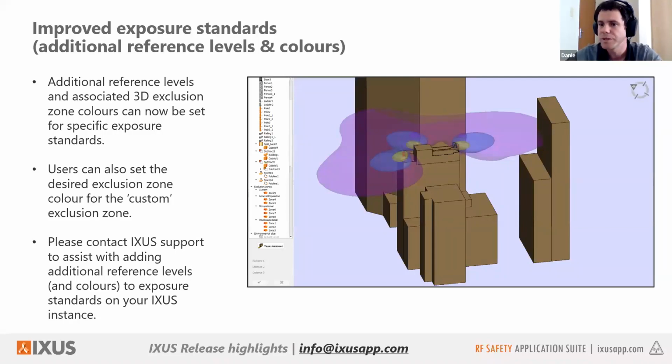You can now have additional ones like the 10x occupational, and the specific colors associated with each of those levels can also be customized. Together with this, we also added the option to change the custom exclusion zone color, so that if there are clashes, that can be adjusted. Obviously this also goes on to the lobe imprints.